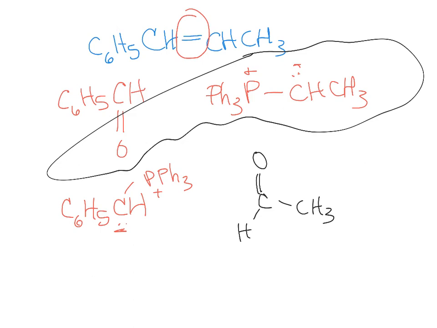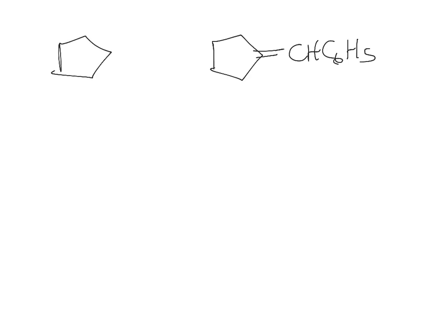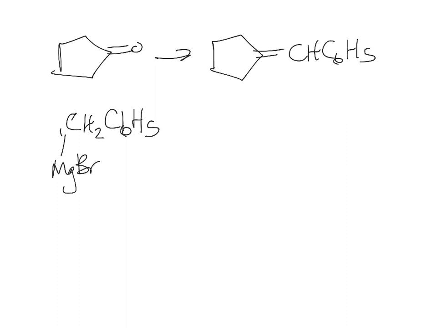You can make alkenes that are not terribly substituted. So for example, if you wanted to make this from this carbonyl, if you did it through a Grignard reaction that was then dehydrated, you could take this reagent, C6H5, this could be attached to your Grignard reagent.